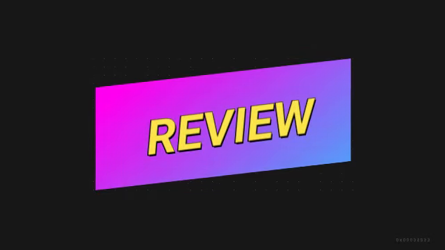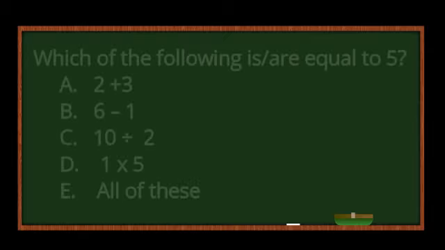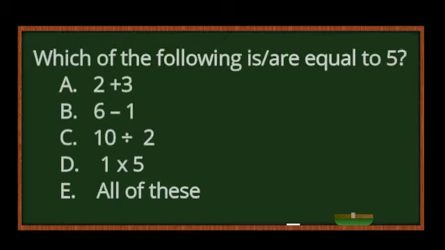Now, let us review your knowledge on the 4 fundamental operations in mathematics. Here is the question. Which of the following is equal to 5? Letter A, 2 plus 3. Letter B, 6 minus 1. Letter C, 10 divided by 2. Letter D, 1 times 5.